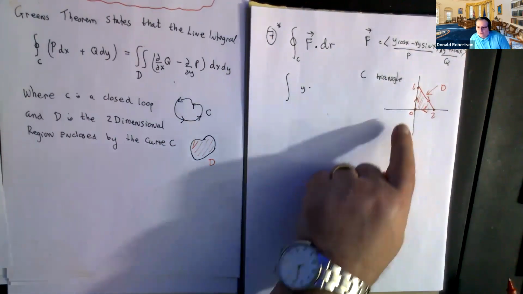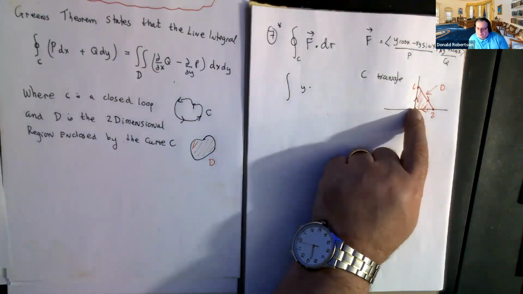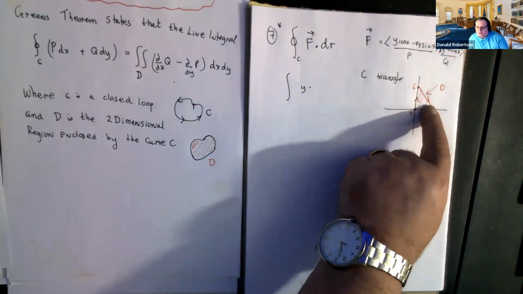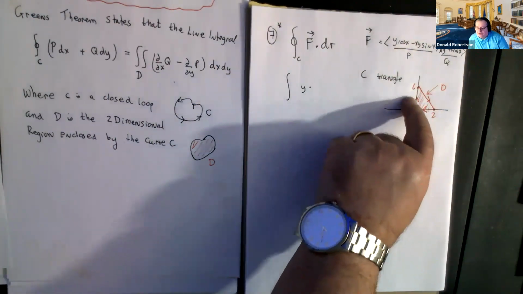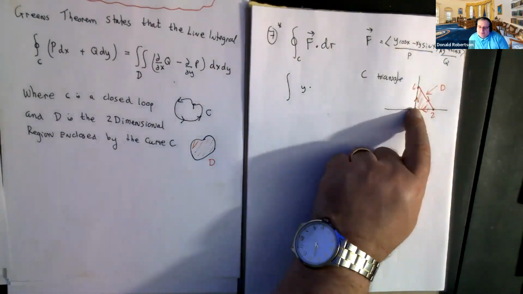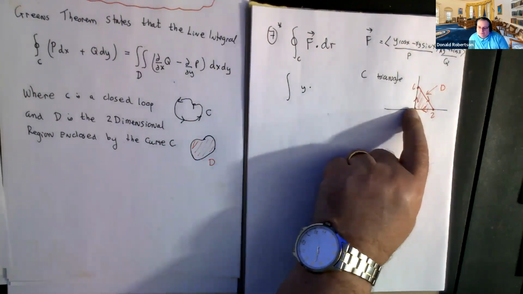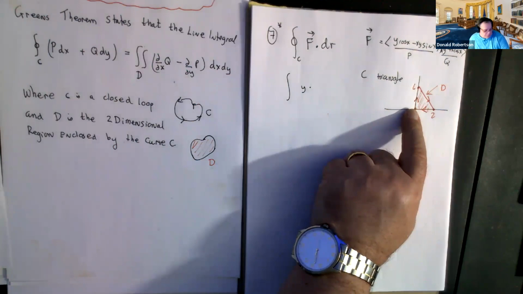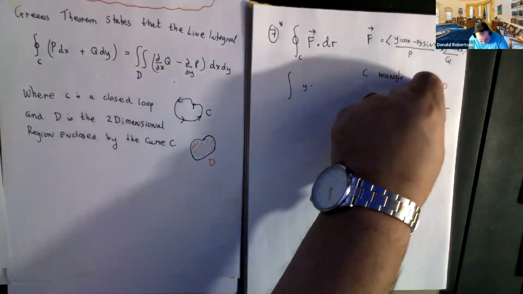Do you notice that its orientation is, for want of a better word, the wrong way? It's being orientated this way when shouldn't it be anti-clockwise? But this is in fact, oh, wait a minute, orientation. Oh yeah, this is clockwise.